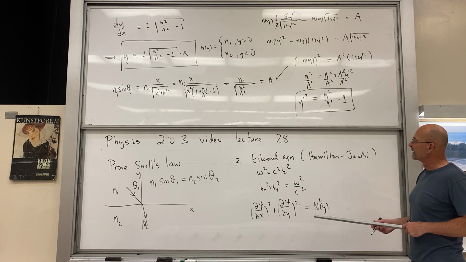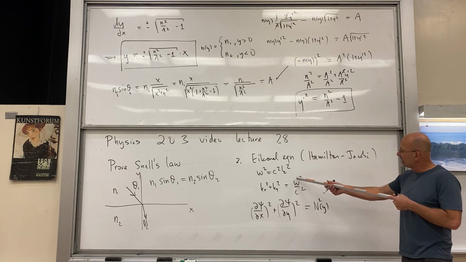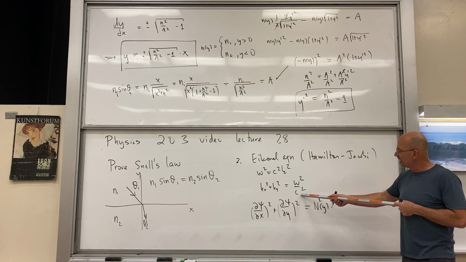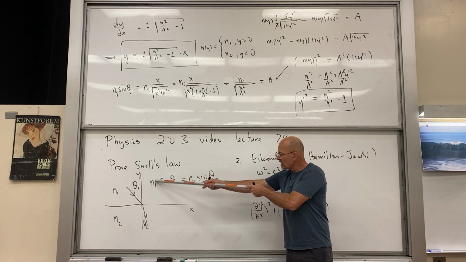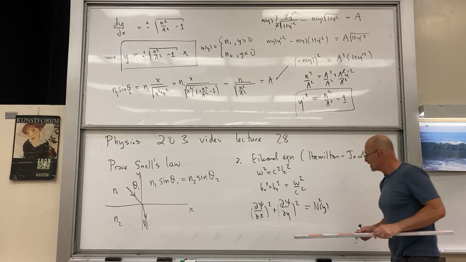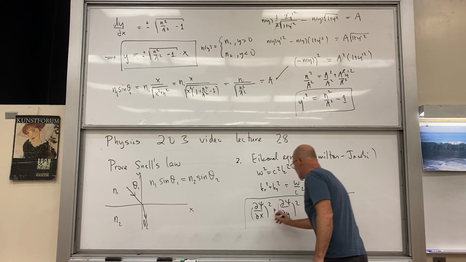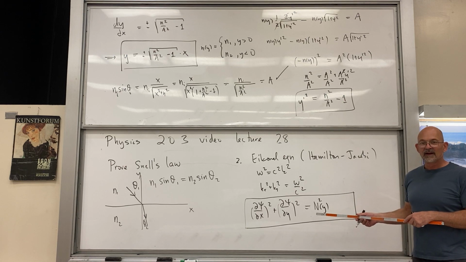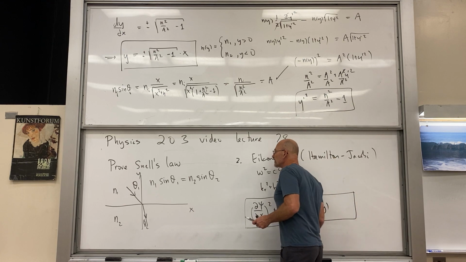I'm using capital N, I could use lowercase n. That's because omega is considered to be a constant. C was a function of the coordinate, and in our case, the function of the y coordinate, because we're talking about this same problem here. So that's our equation that we have to solve using the Hamilton-Jacobi technique. So good, let's see if we can pull it off.